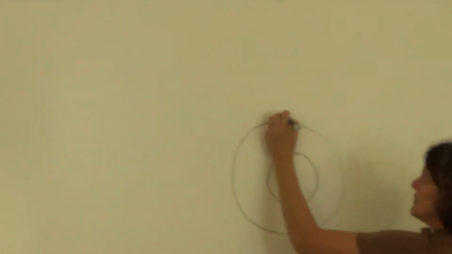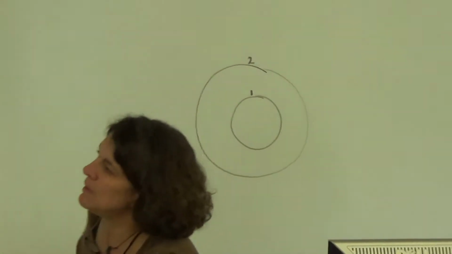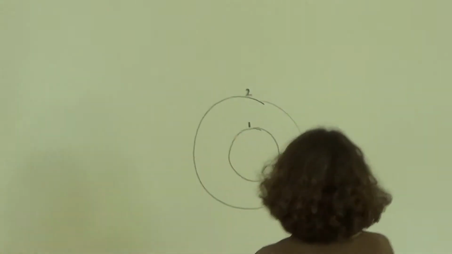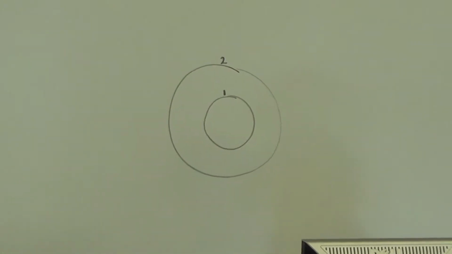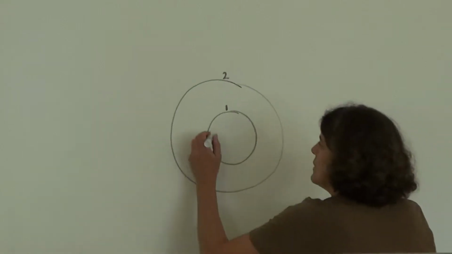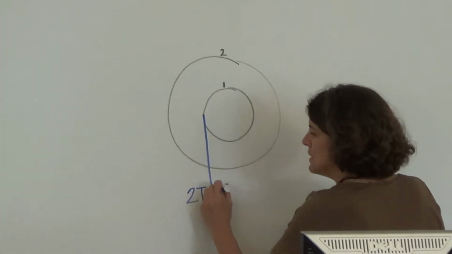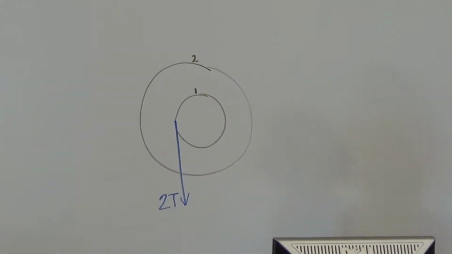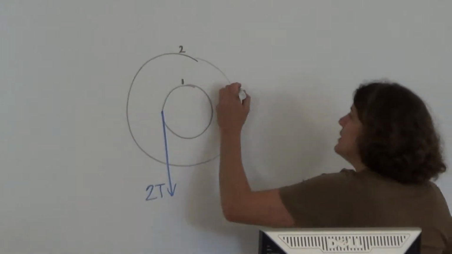This is pulley 1 and this is pulley 2. And what are we looking at? Is this right? There's 2T here, right? We determined that's 2T. And then there's a cable coming out over here.